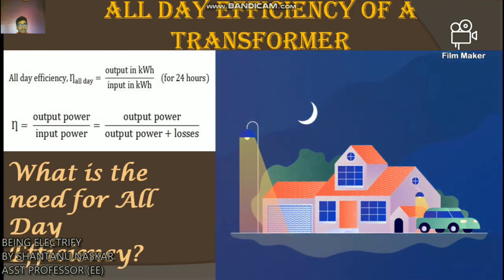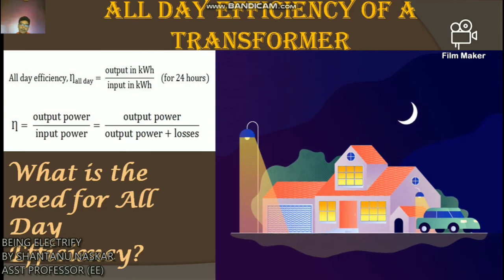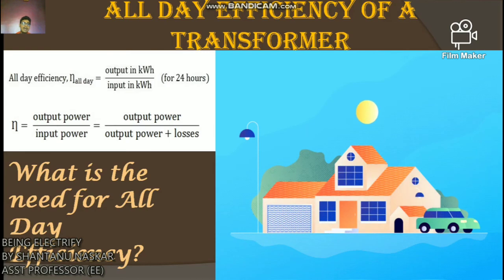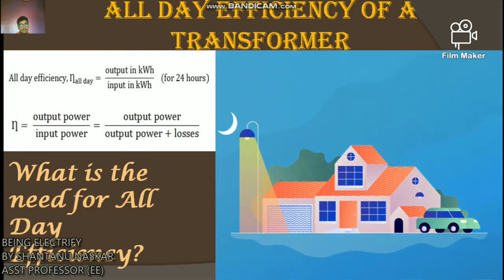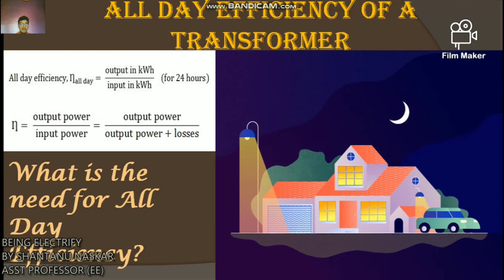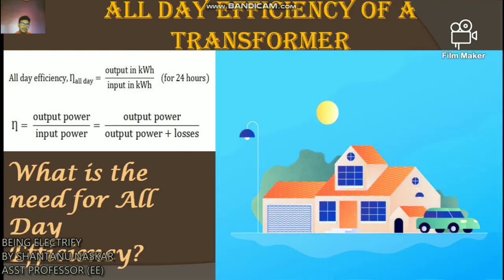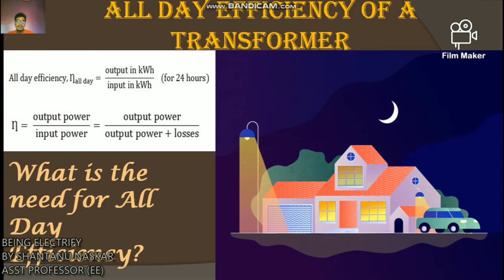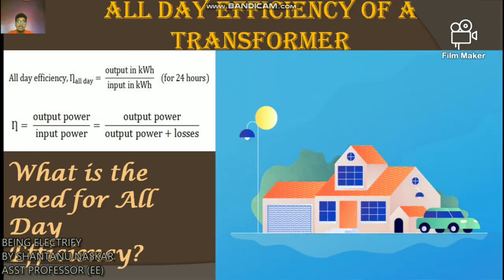The second type of loss is copper loss, which takes place in the winding of the transformer and is also known as variable loss, so it occurs only when the transformer is in loaded condition. Hence the performance of such a transformer cannot be judged by the commercial or ordinary efficiency, but by the all day efficiency.